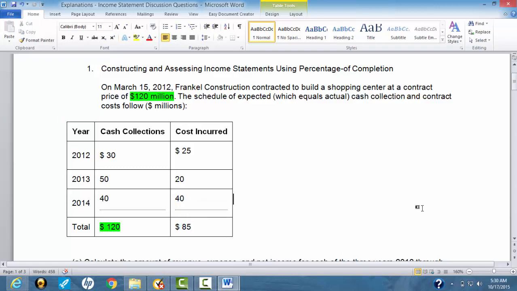With this information, we should be able to calculate the percentage of completion for 2012, 2013, and 2014. Based on the percentage of completion, we can determine revenues to be recognized in each of the 3 years. So let's get started.